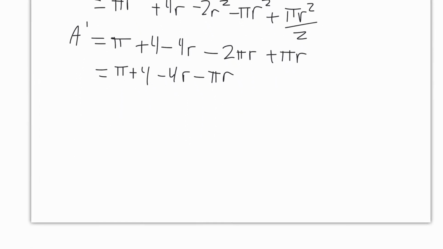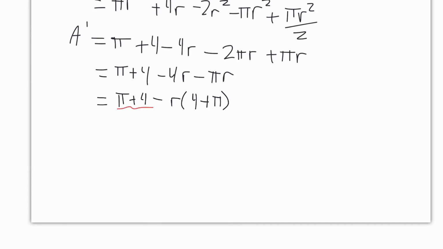All right, so we're trying to get that sign diagram, and we need to get this a little bit more simple. A little bit of factoring. Might not be clear right away, but there's an r in common, and actually a negative r in common with the second two terms. So I'm going to factor that out, giving me 4 plus pi. Now if you notice, I have a 4 plus pi, or a pi plus 4, in common with both of these terms.